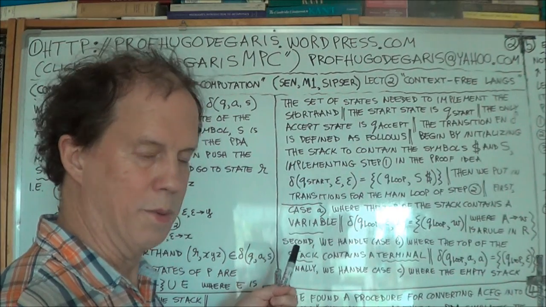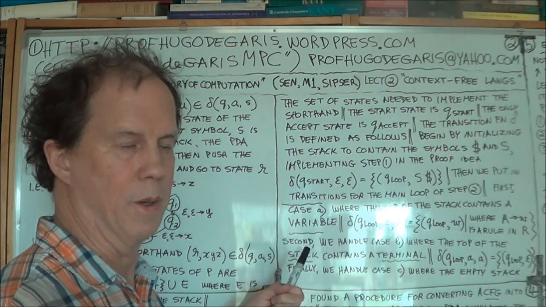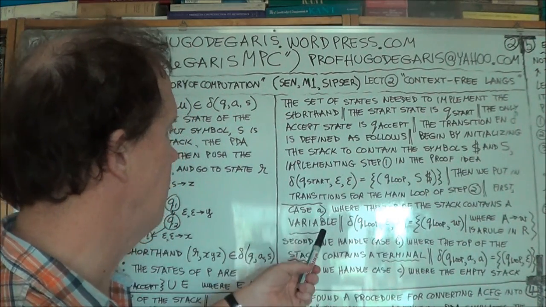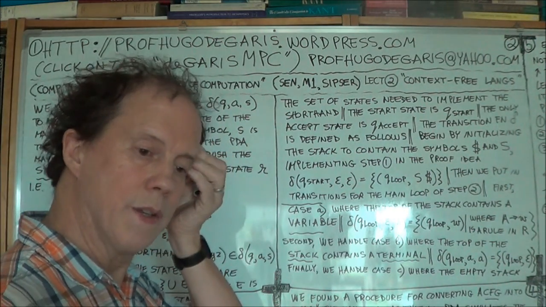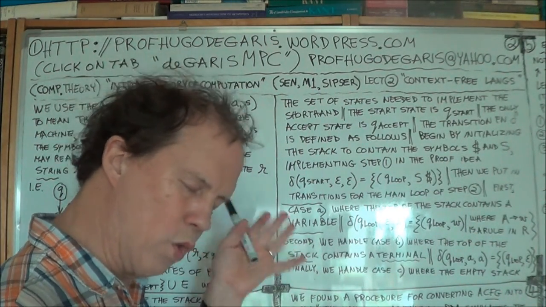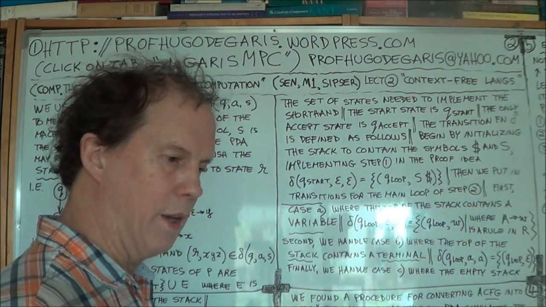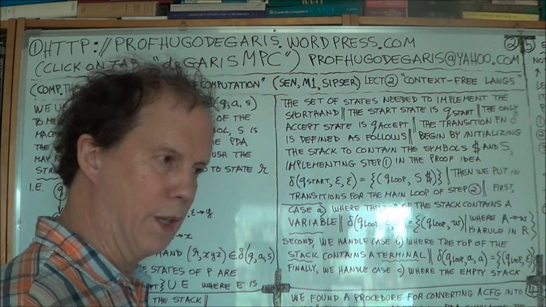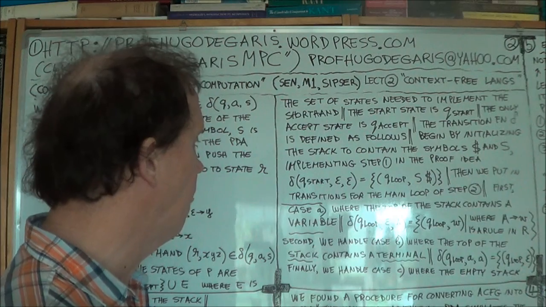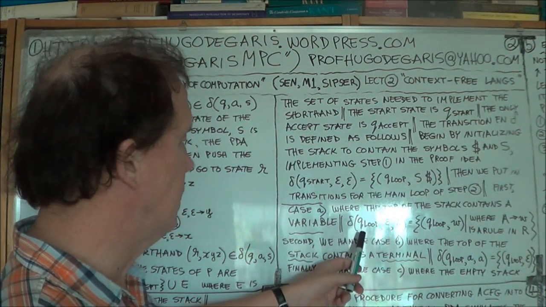And case C is when the top of the stack is your dollar sign. In other words, the stack is empty. So let's do the 3 cases and find for each case the corresponding transition rule, a delta.